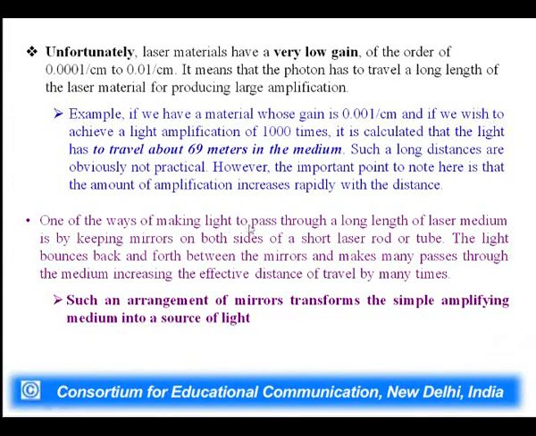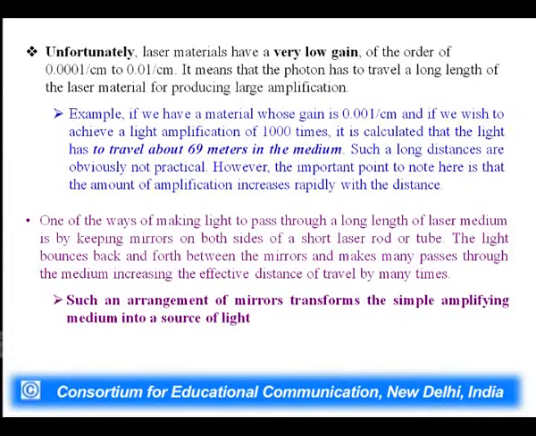One of the ways of making the light pass through a long length of the laser medium is by keeping a mirror on both sides of a short laser rod or tube, so that we can achieve the population inversion at a shorter distance. It is not necessary to take the light up to long distances.